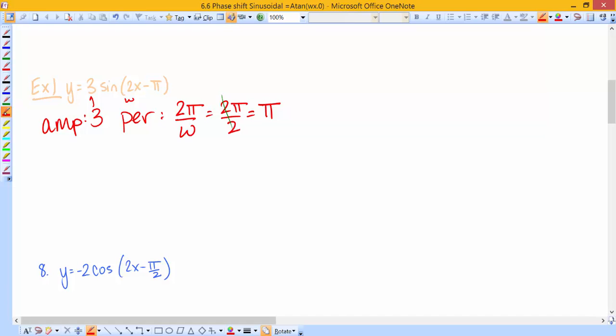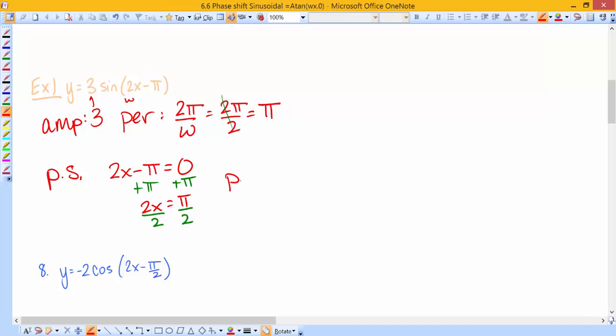Now to find my phase shift, and I will abbreviate phase shift with the PS. So my phase shift, I take my inside, my 2x minus pi, and I'm going to set this equal to 0. So I'm going to start by adding pi. So 2x equals pi.